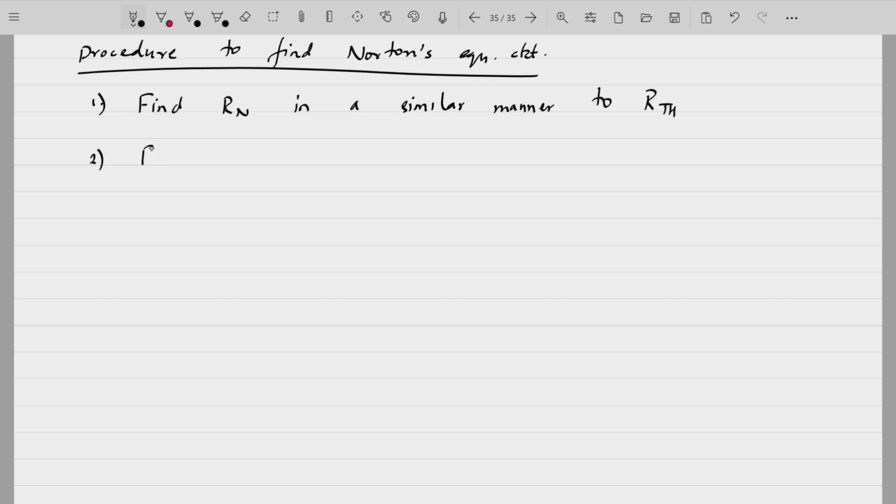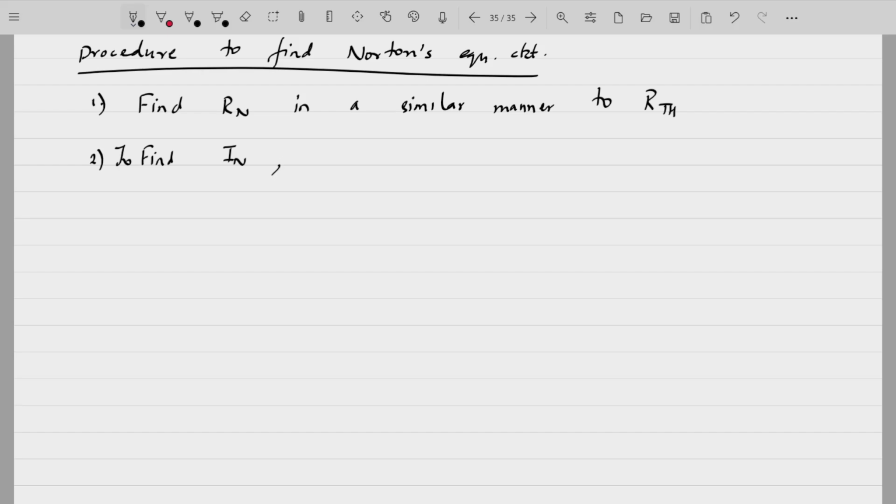Then to find In, we do not need to find VTH here. We do not need to find Thevenin's voltage. We need to find the Norton's current here.